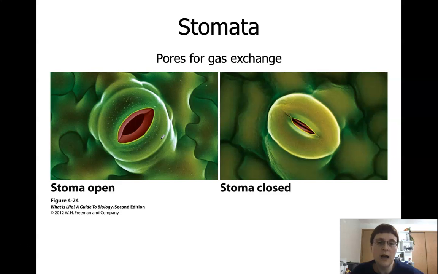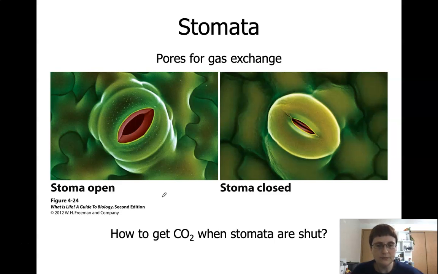Because water will evaporate when the air is dry. So then the question is, if these are closed because it's dry and hot, how is the plant going to get its carbon dioxide when these are shut? Because that's the only way they can get it. They have to have these open in order to get carbon dioxide.